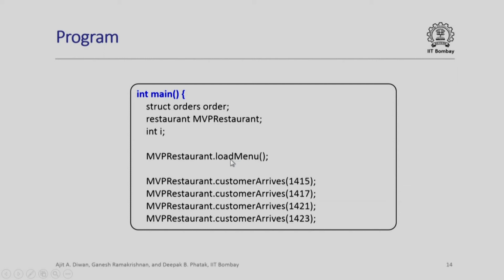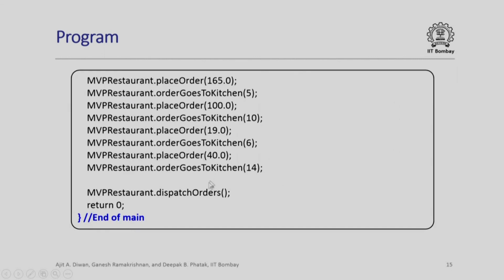Next, customers arrive. Usually a large number of customers will arrive throughout the day or morning or afternoon session. Here again, we remind ourselves that we are simulating by a simplistic example where we have only 4 customers who have come. So, one by one we are calling this function by giving the time of arrival, which again is arbitrary. Once the people arrive one by one, they will go to the end of the counter and place the order.